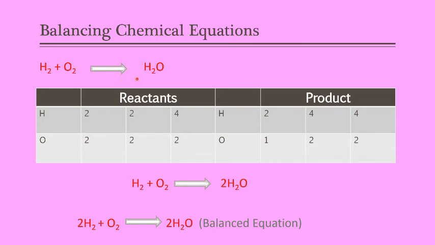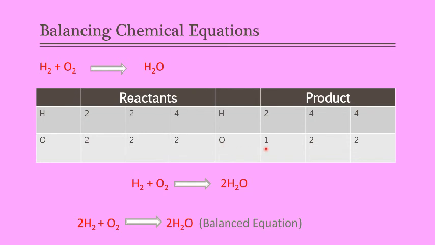Let us count the number of hydrogen atoms and oxygen atoms on the reactant and product sides. On the reactant side, the number of hydrogen atoms is 2 and oxygen atoms is also 2. But on the product side, the number of hydrogen atoms is 2 and oxygen atoms is 1.